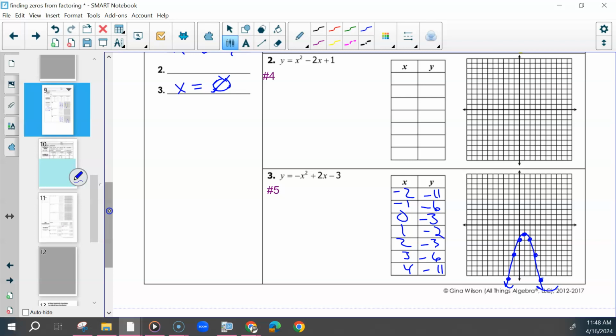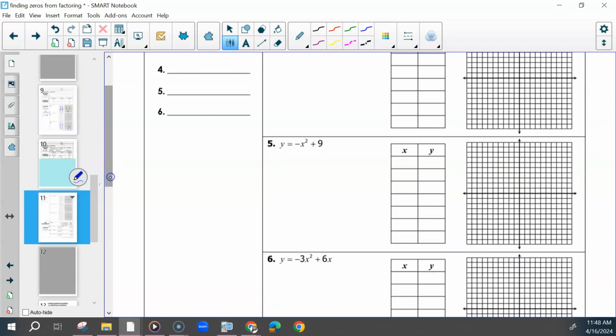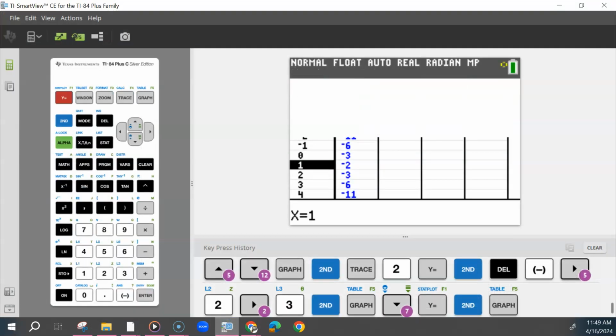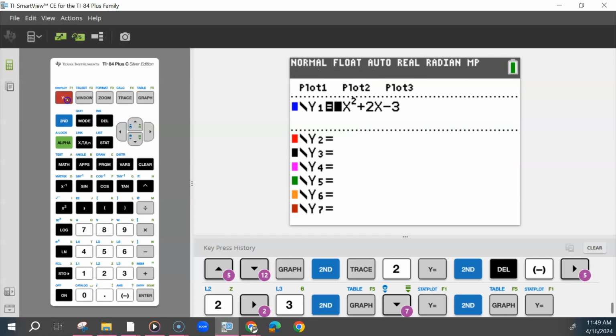Are there any other graphs that we want to see to go over before we do this last page? Five. Okay, let's do 5 on the back. And then you can go ahead and graph that or put it in your table and find that.